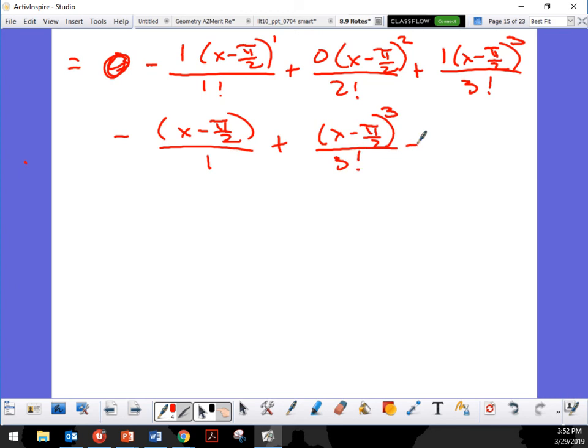Next one's going to be minus x minus pi over 2 to the power 5, over 5 factorial, right? Yeah? Yes. Okay, good.